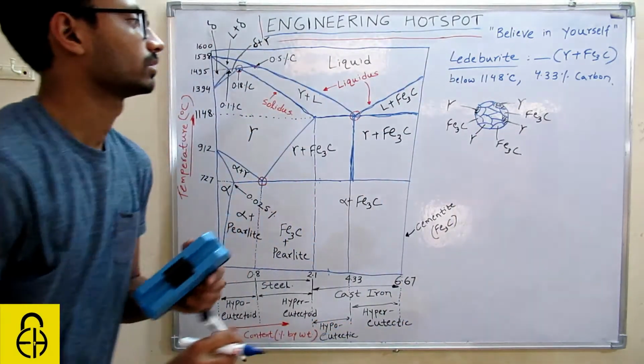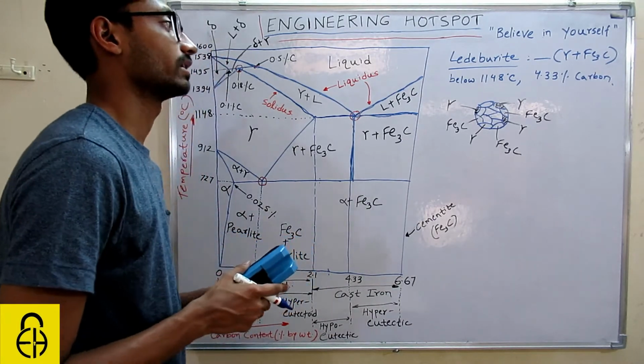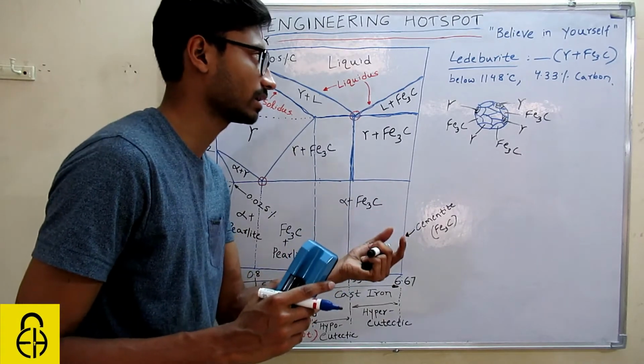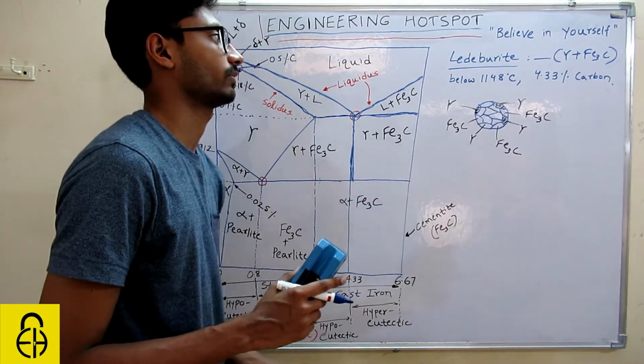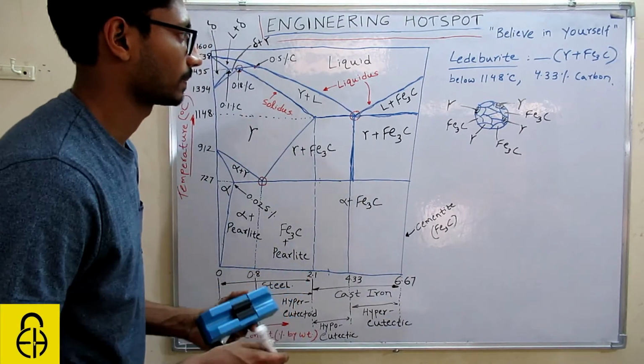Like that. So this is just a simple microstructure of ledeburite. It's a lamellar mixture of gamma, gamma means austenite iron, and Fe3C, cementite.